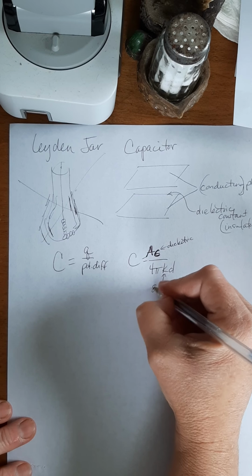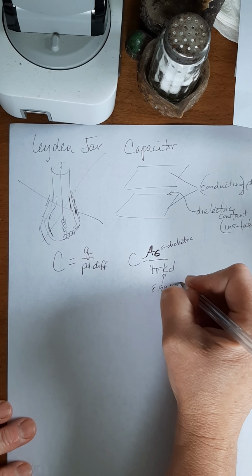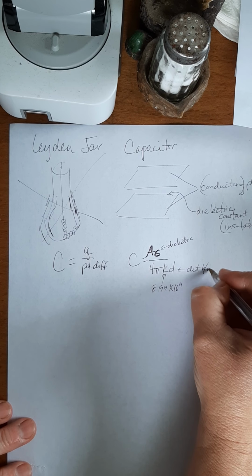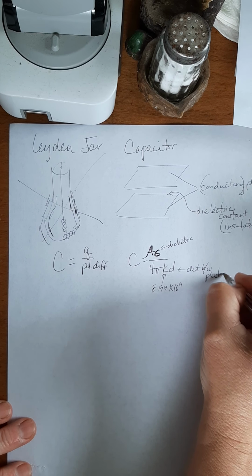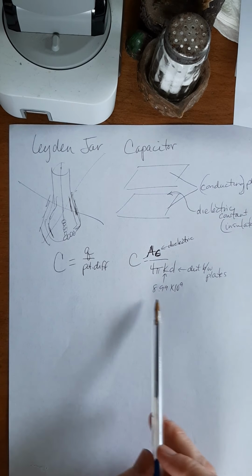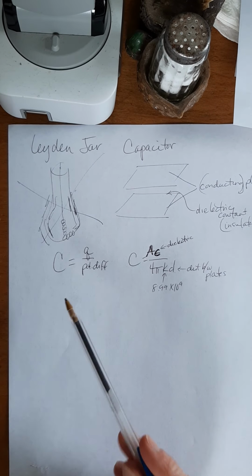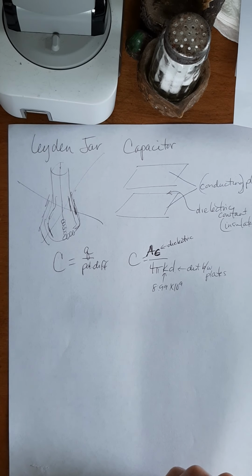Now, K is the same thing we've been using, 8.99 times 10 to the ninth. D, of course, is the distance between the plates. So you know when to use this formula. It's very obvious. They give you the distance between the plates and the area of the plates, so the math part is not that hard. It's just knowing units and things.